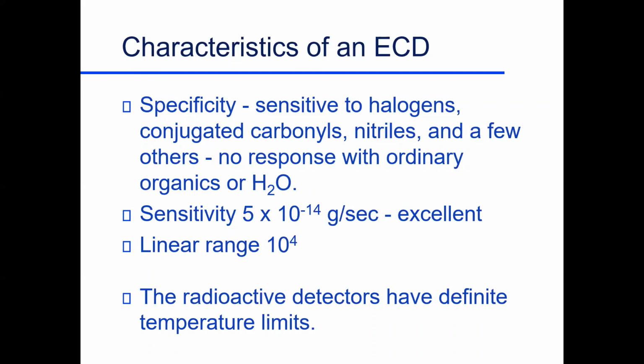So it found its use in looking at pesticides and herbicides primarily, because they were very commonly chlorinated compounds. If you're looking for conjugated carbonyls and so on down the line, the sensitivity is 10 to the minus 14 grams per second. So again, very good sensitivity. Linear range, not so hot, but again, selective and sensitive.